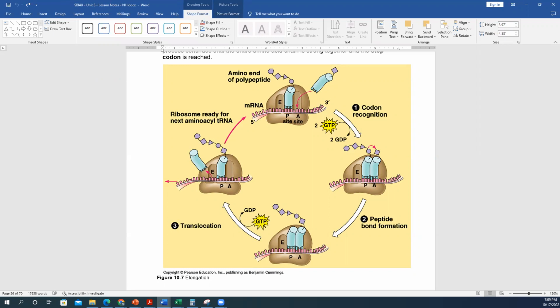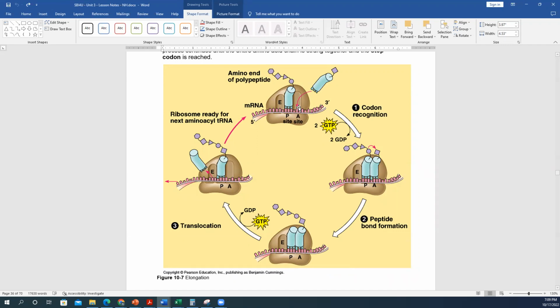So once that methionine is present in the P site, then the next codon, which comes in at the A site, is read, and the appropriate tRNA comes in and binds to its appropriate site.